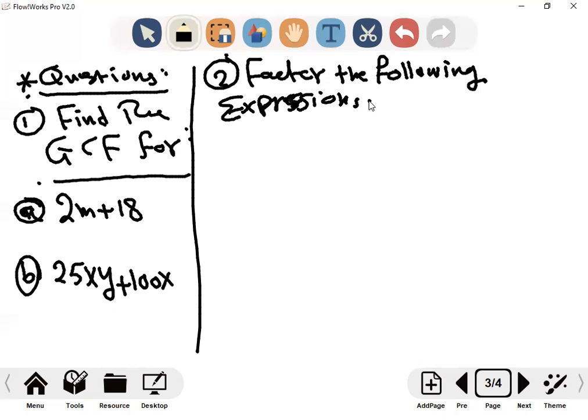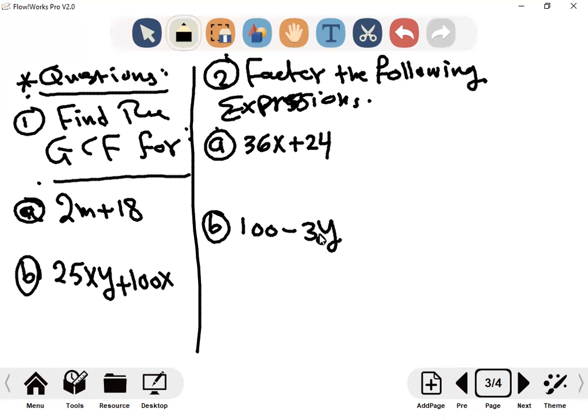I want these expressions in factored form, which means you will find the GCF, then you factor. So part A, 36x plus 24. Part B, 100 minus 30y.